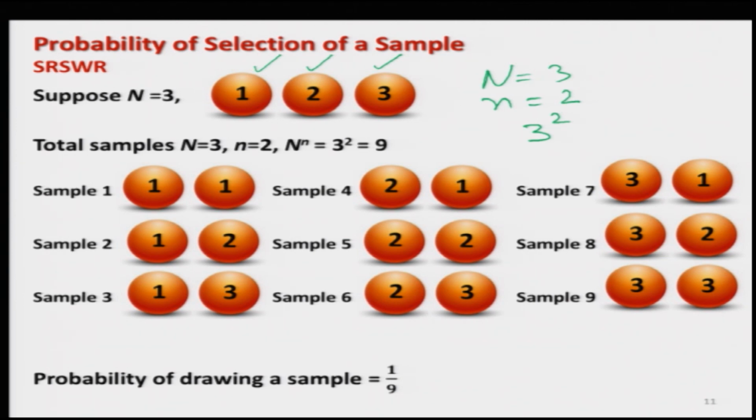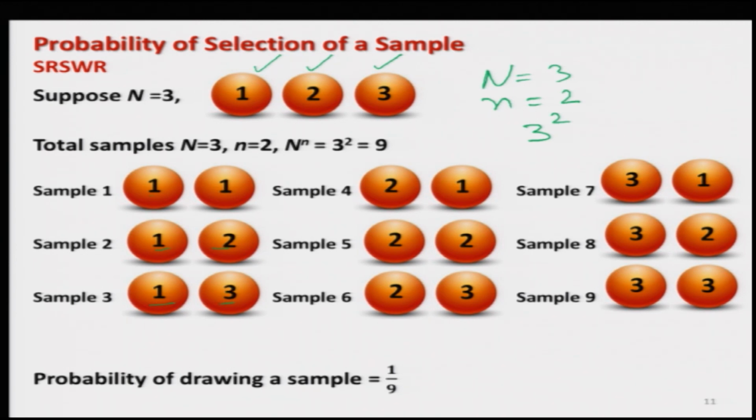Now let me try to create those 9 samples and see what they are. So one option is this, I can choose ball number 1 and 1, and so that can be in my sample. Next option is this, I can choose ball number 1 and 2, so that will create my sample number 2. Similarly the third possibility is I can choose ball number 1 and 3 to create my third sample.